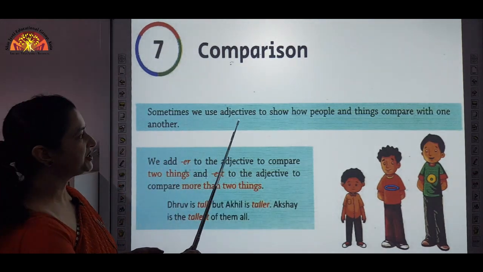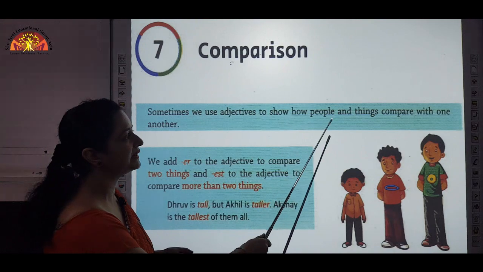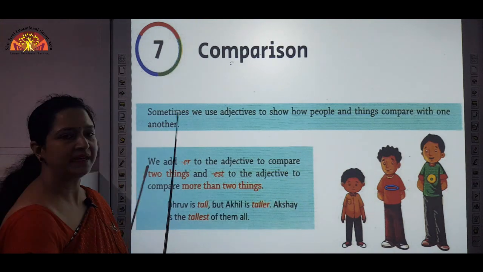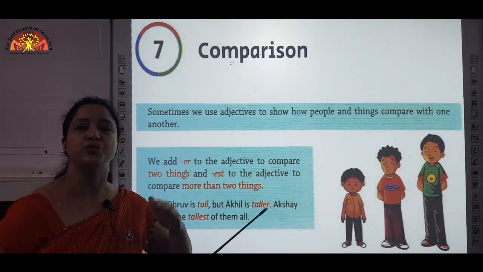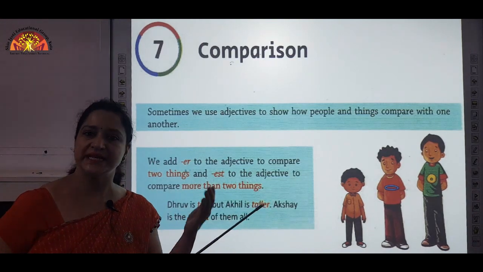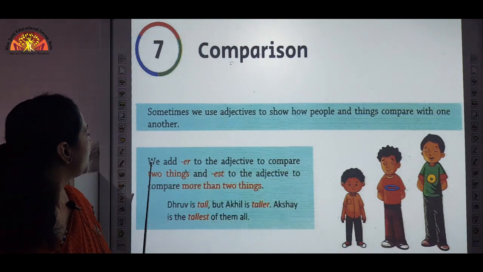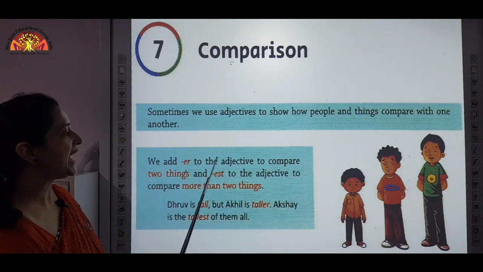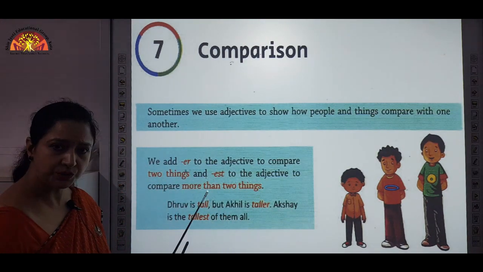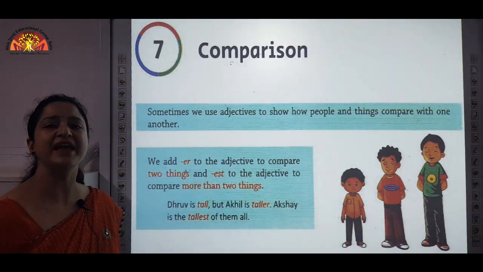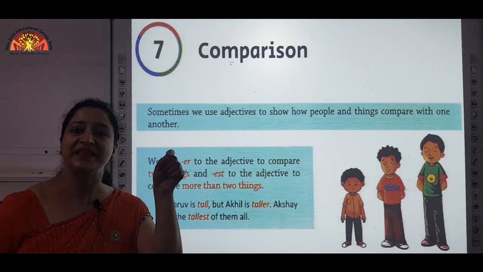Sometimes we use adjectives to show how people and things compare with one another. That means to compare 2 or more than 2 nouns with one another to evaluate them. We add er to the adjective to compare 2 things. When we are comparing 2 nouns with each other, we have to use a word with er.